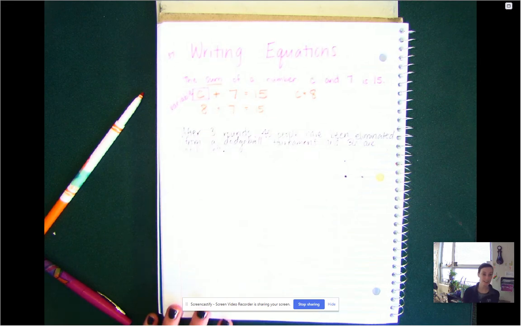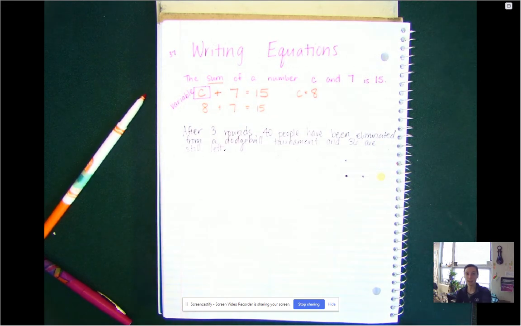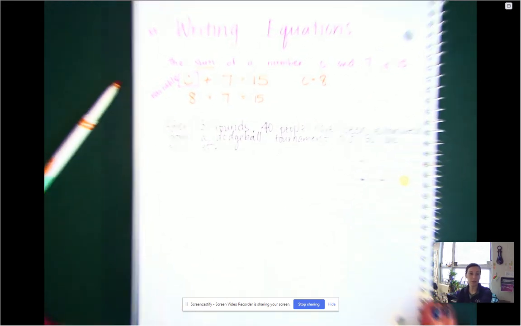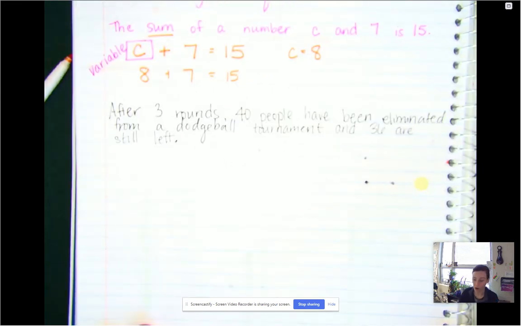So this is a sentence. We can write an equation to help us figure out how many people started in the tournament.